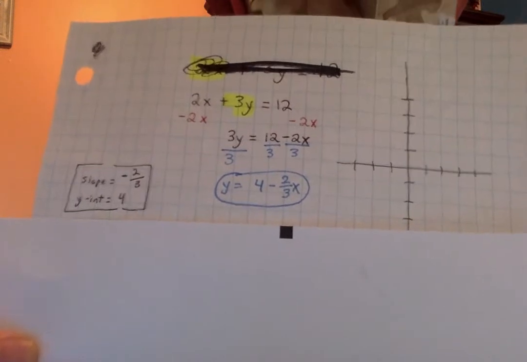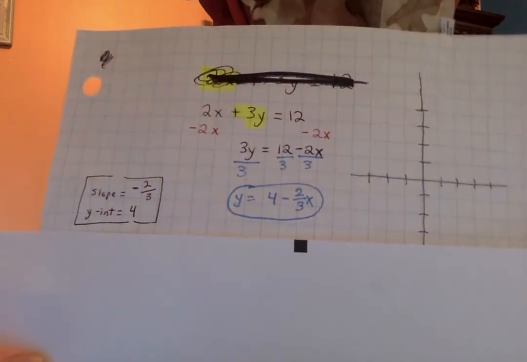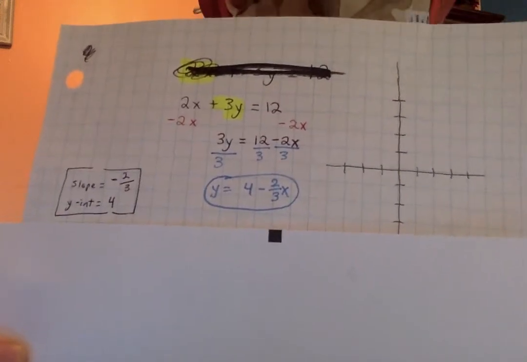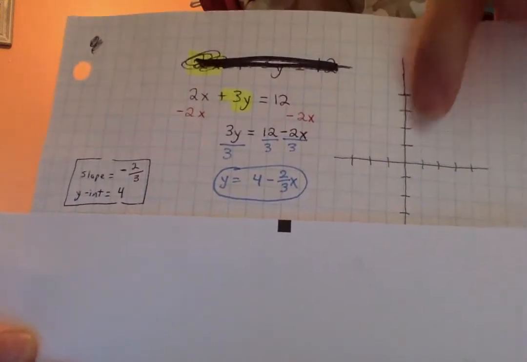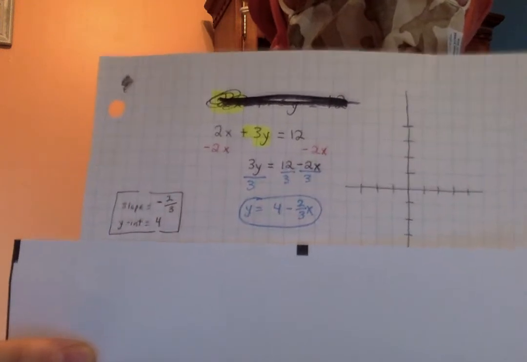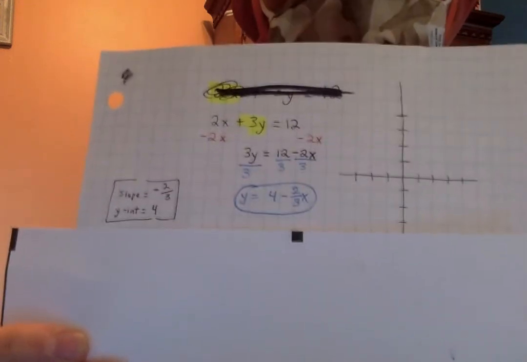The slope is negative, so it should be going down 2 and right 3. Again, I'm not drawing that, but I'm telling you it's down 2, right 3. So you started at your y-intercept at 4, down 2, right 3. Alright, so we've changed it from standard form to slope-intercept, so we can graph it.